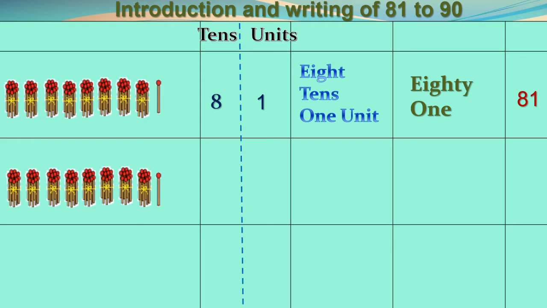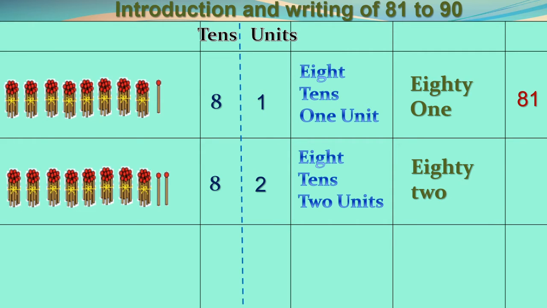Now we are going to add one more here. So we got 8 tens and 2 units. We'll write here 8 tens, 2 units. That makes the number 82. 80 and 2 in numerals, right?